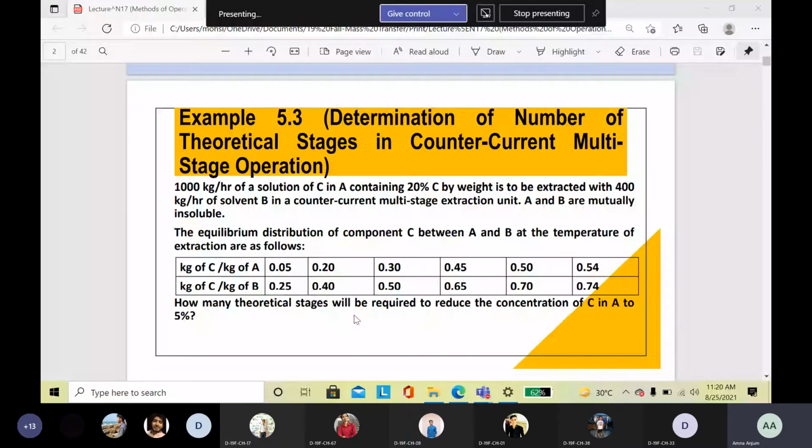We have to find out the number of theoretical stages required to reduce the concentration of C in A to 5%, that is up to 0.05, starting from 0.25.